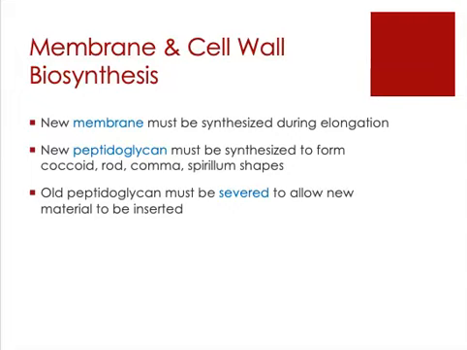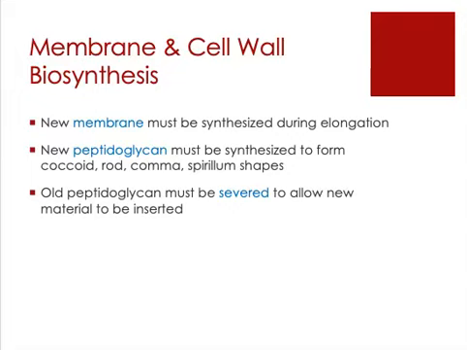When a bacterial parent cell goes into binary fission and enters the elongation phase, it's going to have to synthesize both new cell membrane and new cell wall as it gets longer and longer. Now, synthesizing new membrane isn't all that difficult.